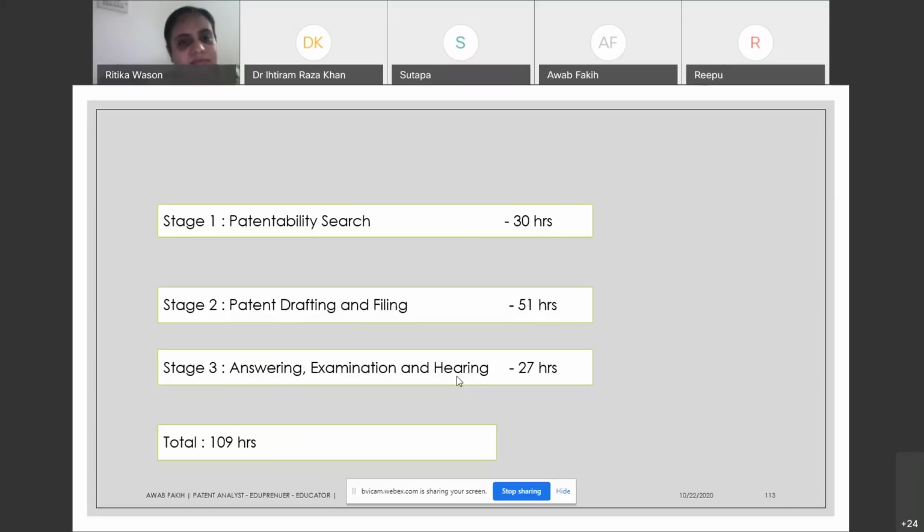I've bifurcated the number of hours required. People don't understand why they are charging 1 lakh rupees, or 80,000 or 90,000 rupees. This is the reason. If they don't spend this much time, they will charge you less. There are players in the market who charge less, and very good players who in fact charge more. So the charges are divided according to the number of hours, just for information.